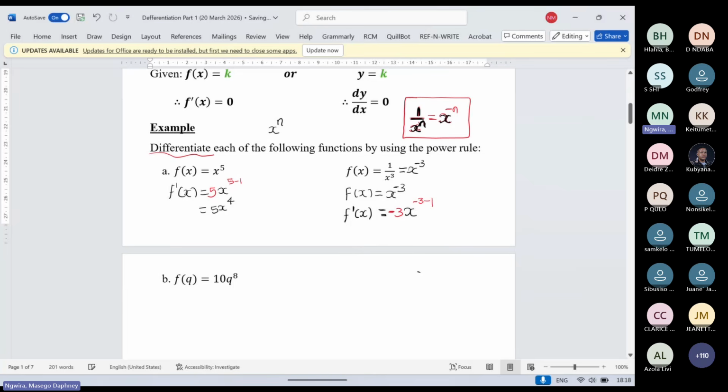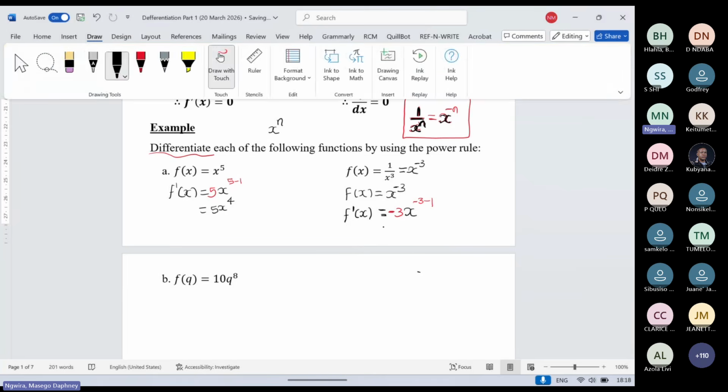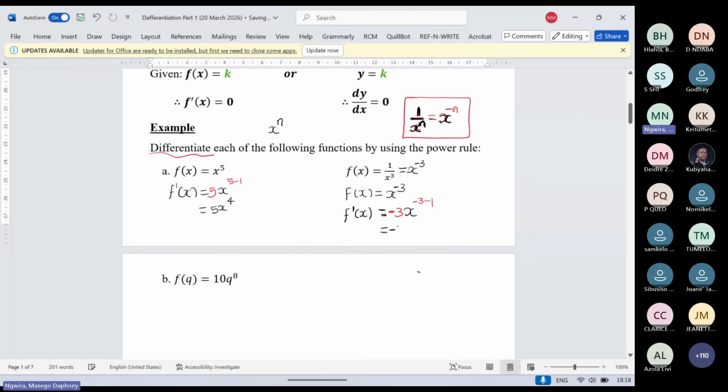And then now you solve. So this is just going to be equals to -3, and then x, and then -3, -1. What do you get? -4. Thank you. -4. This is how you do it.